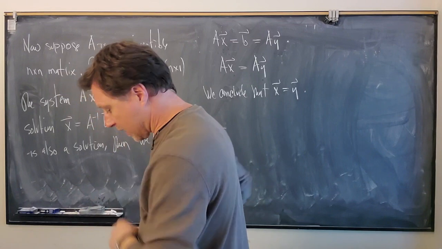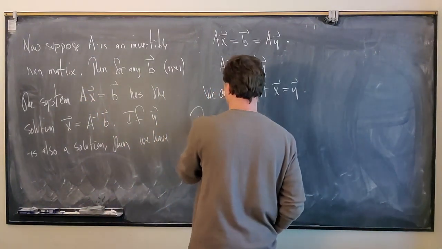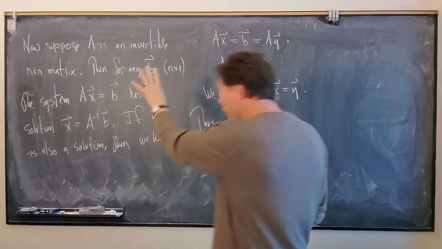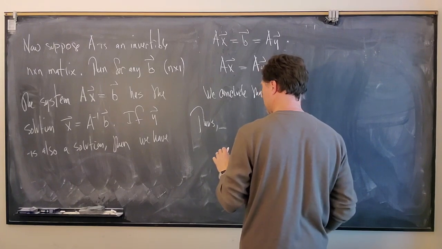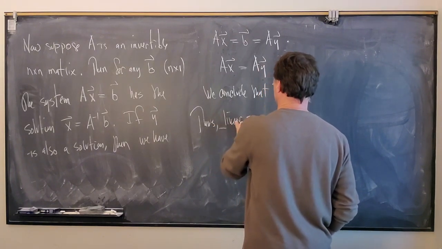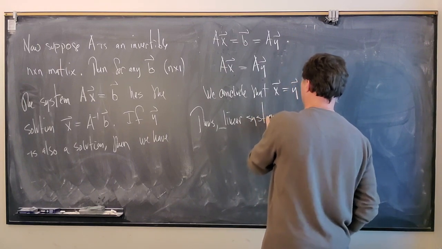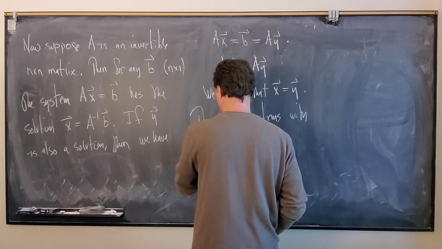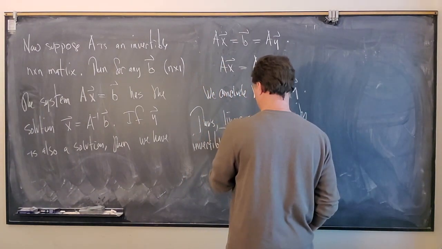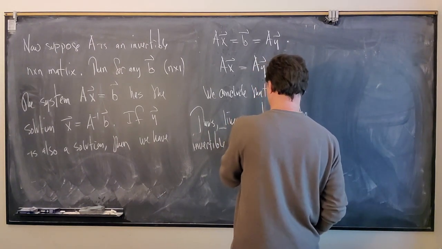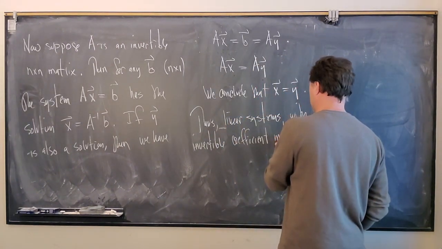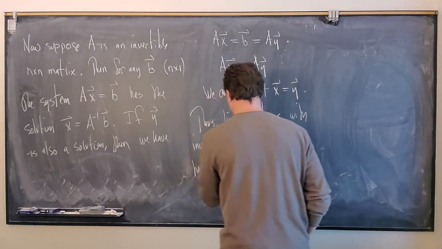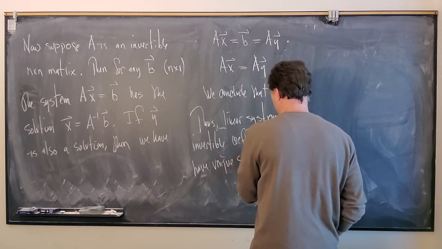And so what does that tell us? So you can say thus, linear systems with invertible coefficient matrices have unique solutions, right?